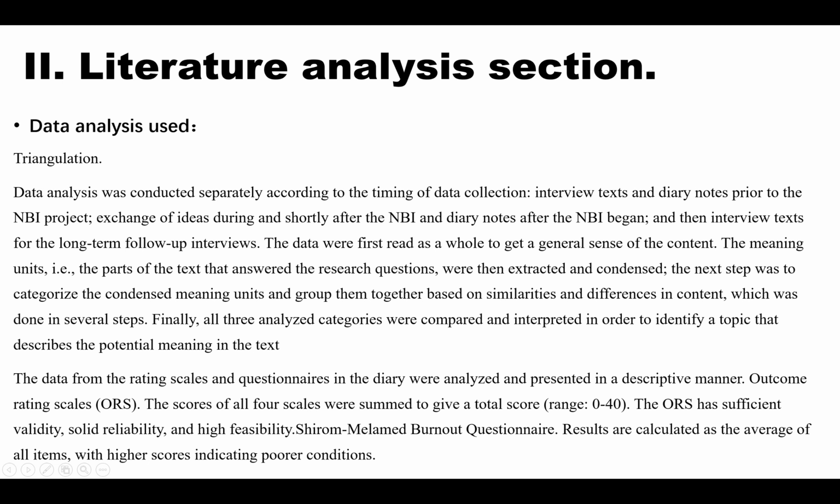Finally, all three analyzed categories were compared and interpreted in order to identify a theme that describes the potential meaning in the text. The data from the rating scales and questionnaires in the diary were analyzed and presented in a descriptive manner.